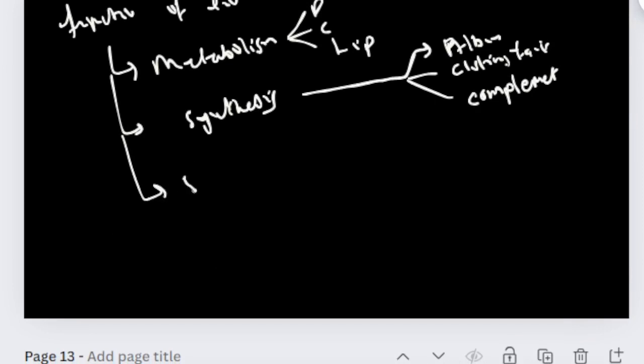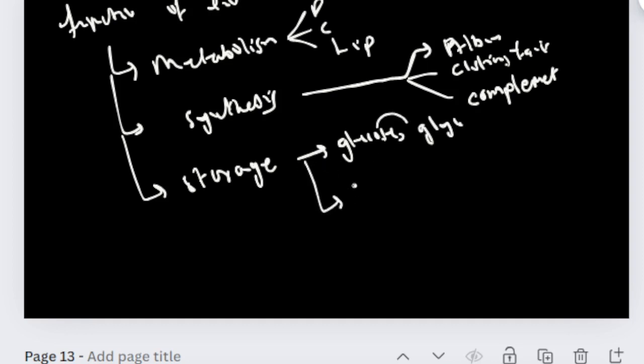Now come to the next thing, the storage. In the storage, glucose is stored in the form of glycogen. Another is the blood reservoir. It stores a lot of blood, and during injury it provides blood to the body.